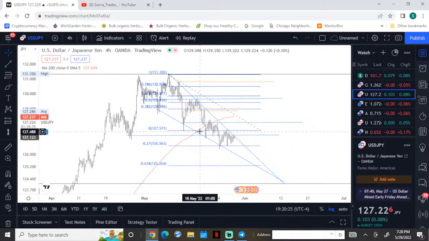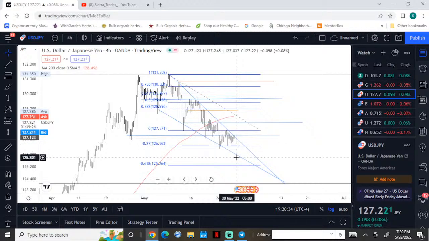We got TP1, we got TP2. If we can see price come and break out of this wedge, we might get TP3.